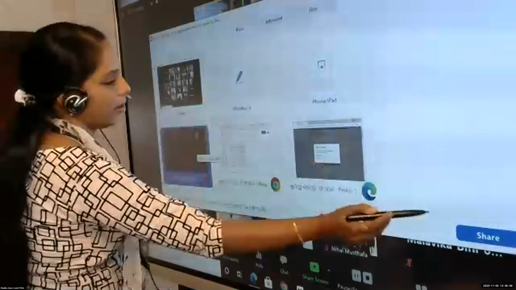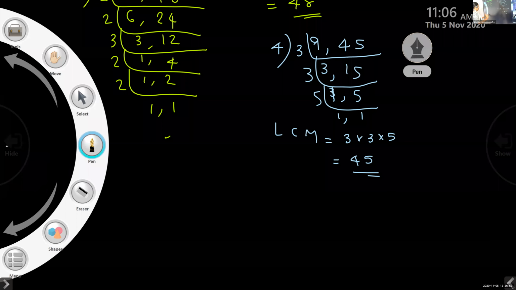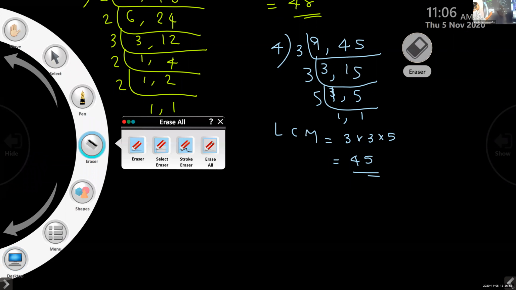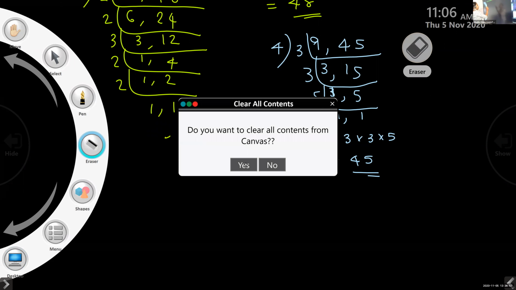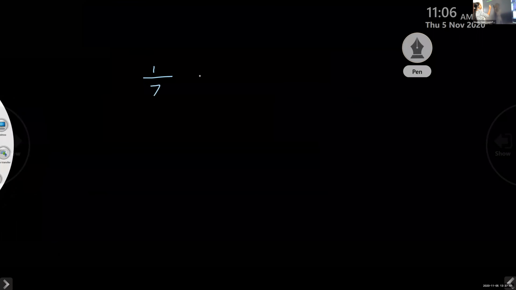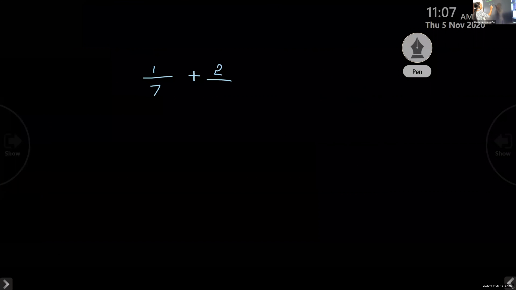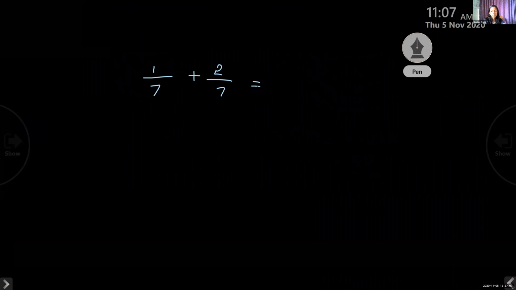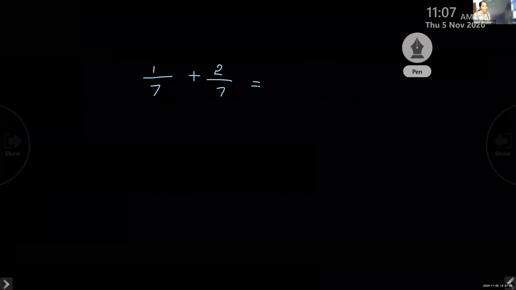Addition of like fractions is very easy. Now, let me explain that. Addition and subtraction of like fractions. What is the speciality? If I am adding 1 by 7 plus 2 by 7, what will you do? We'll just add the numerators. What do you mean by like fractions?